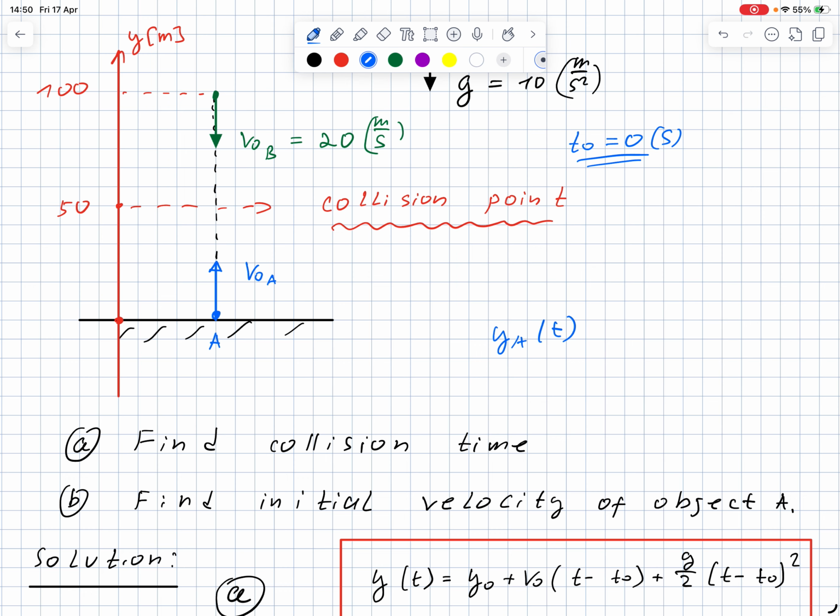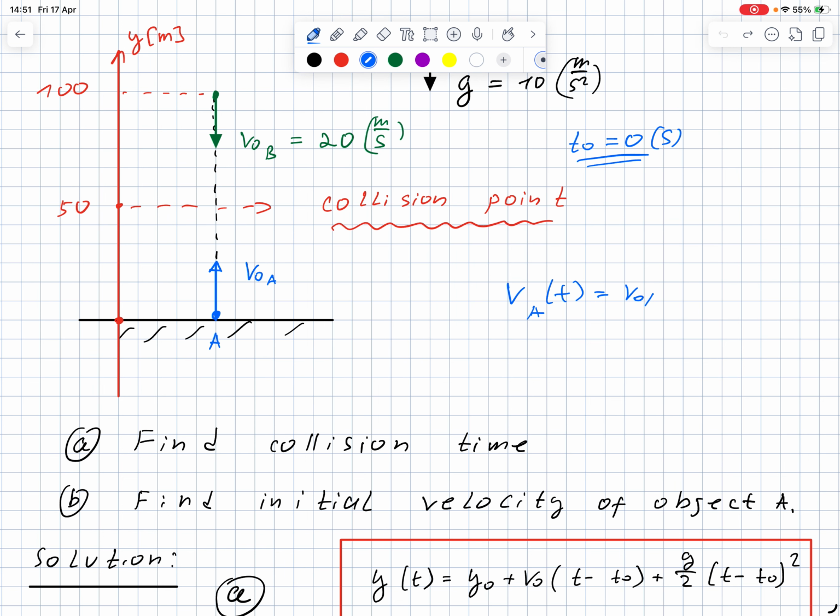Because if I think about using the function v of t, which is v0a minus 10t, I do know the collision time, however, I do not know the velocity at this point. So I have one equation with two unknowns. I don't know the velocity and I don't know the initial velocity. So I'm not going to use this formula.